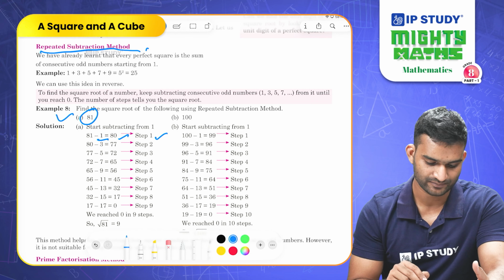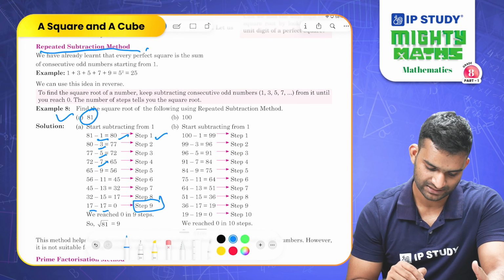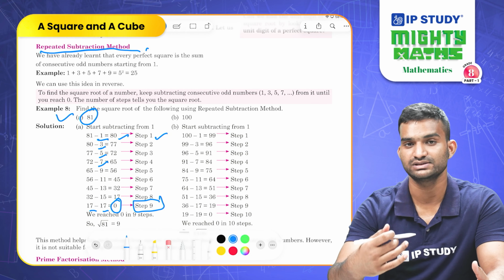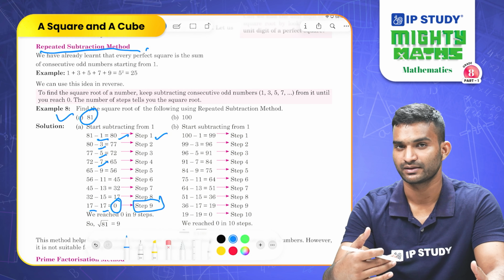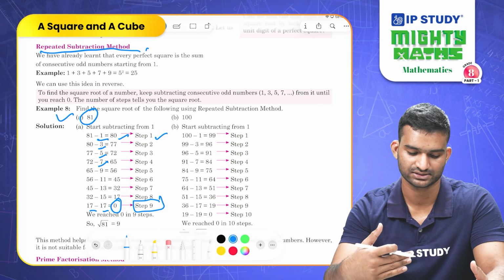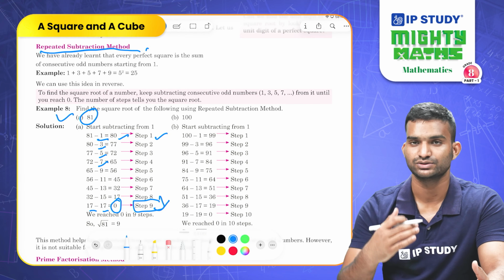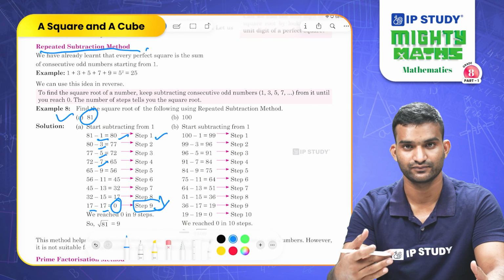In the second step, we subtract 3, then 5, then 7. Likewise, at the end of step 9, we subtract 17 from 17, which is 0. Once we get 0, we stop and count the number of steps we performed. In this case, we performed 9 steps. So the square root of 81 will be 9.